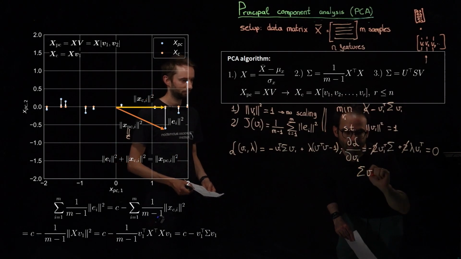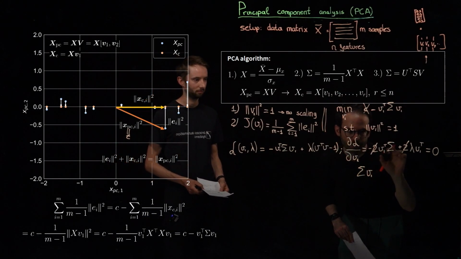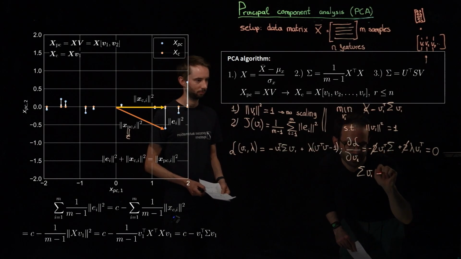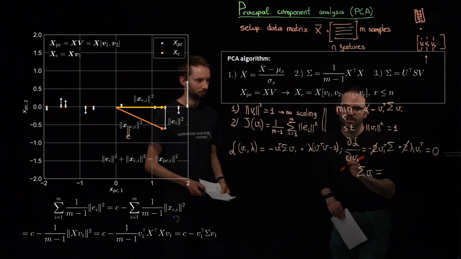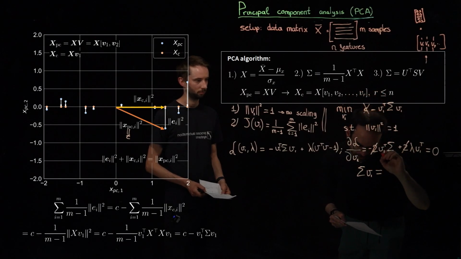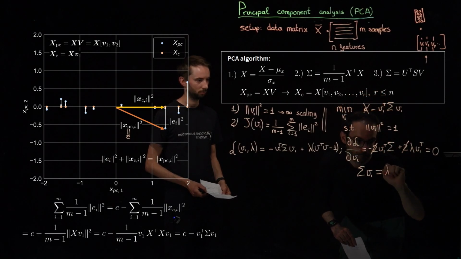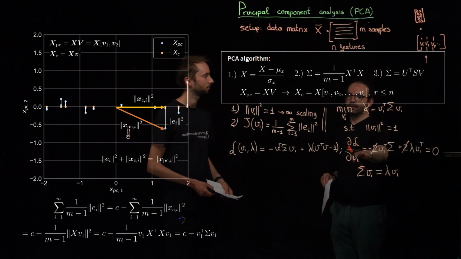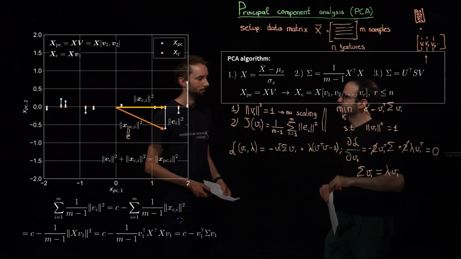We have sigma V1, and we can flip the multiplication with transpose, because sigma is a symmetric matrix. And on the other side we have lambda V1.